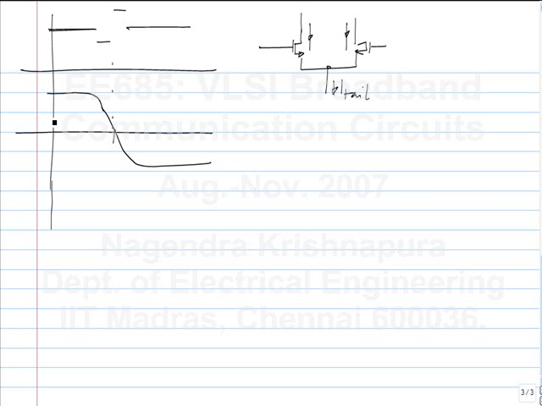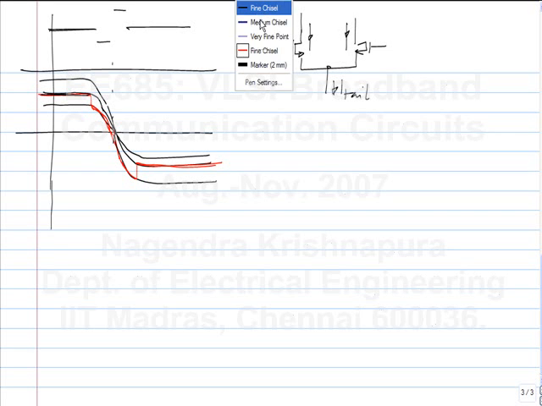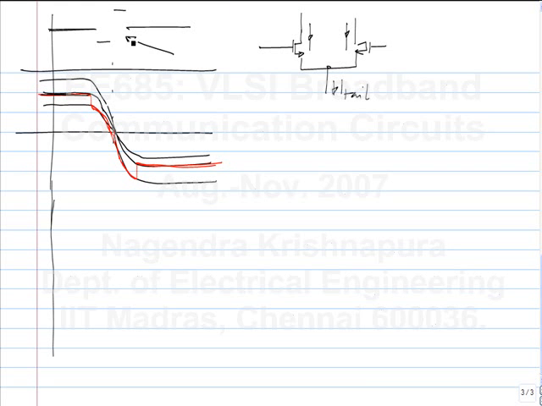For the smaller value, it may have looked like this, and for the larger value, it may have looked something like this. So if the current does switch this way, then you can see that it follows the ideal value up to here, and the smaller one up to here, and the larger one up to here, and the normal one after that. Of course, in reality, that's not what you see, because everything is smooth, and this is a very, very crude approximation to what happens.